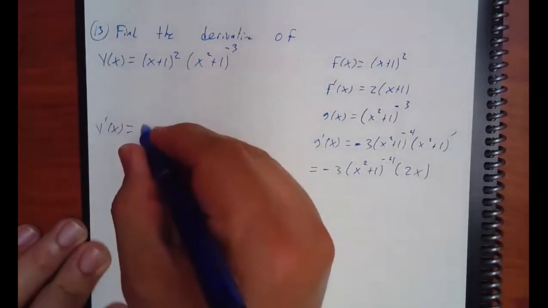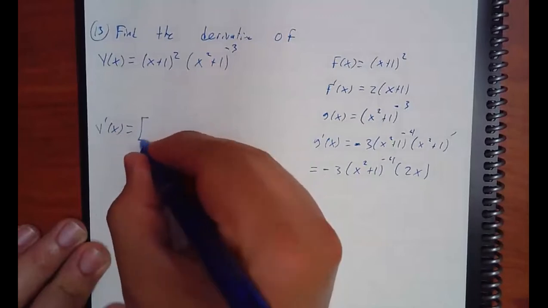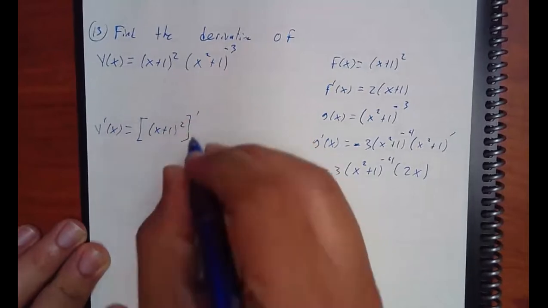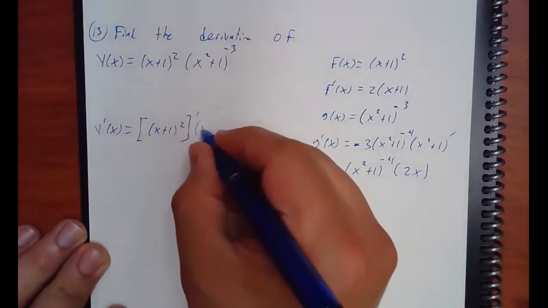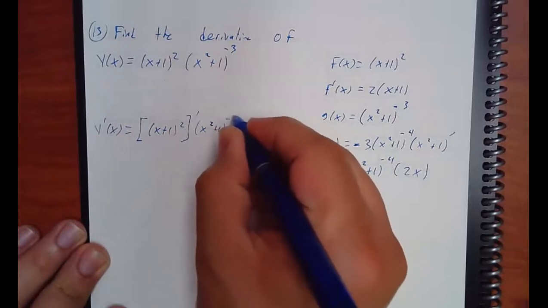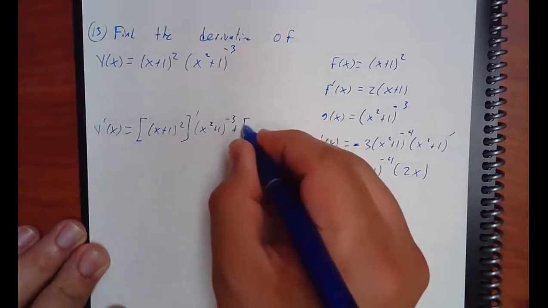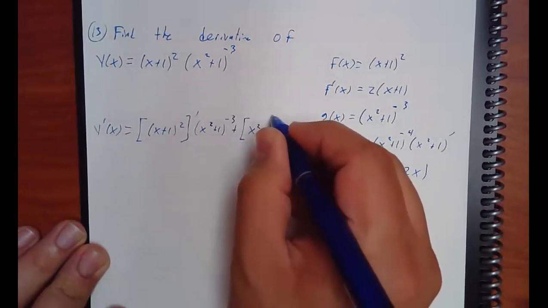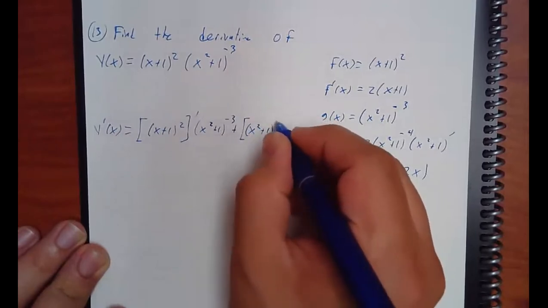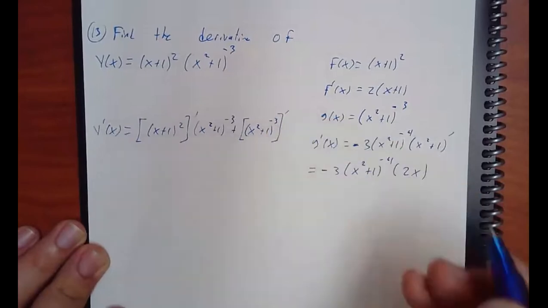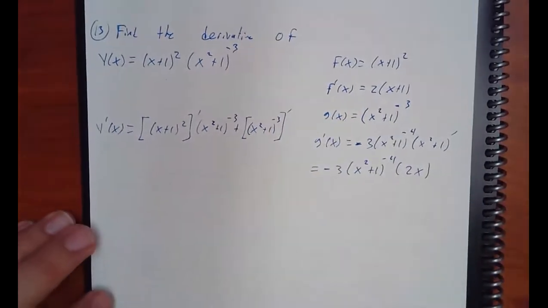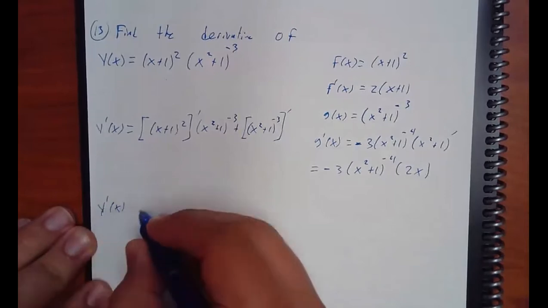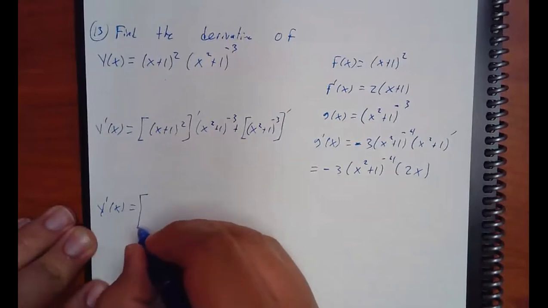It's going to be derivative of the first part times the second part plus the derivative of this part. You should put it down here. I'm going to rewrite it down here. Same thing.